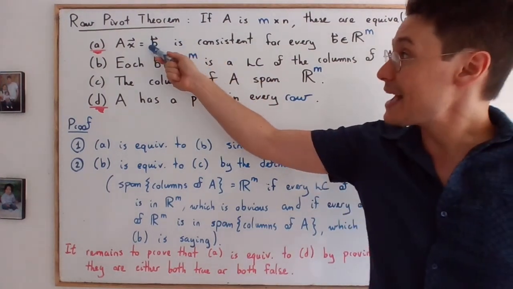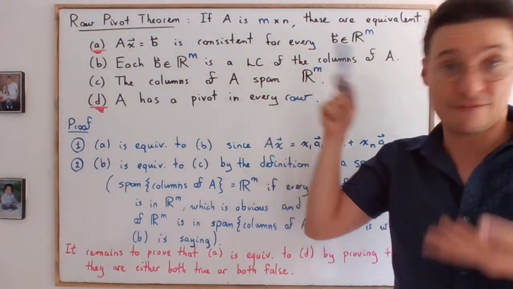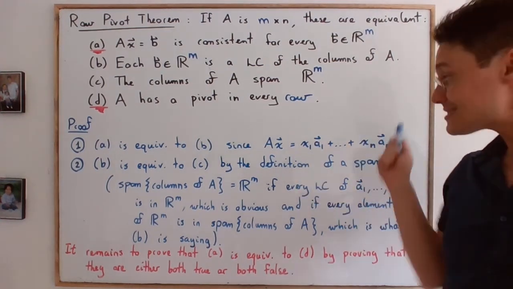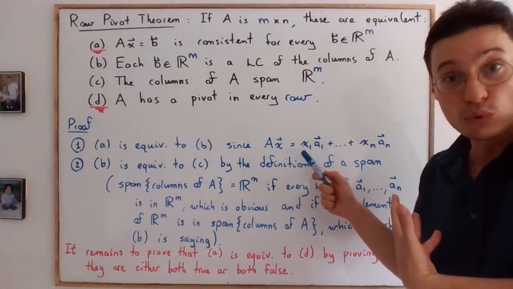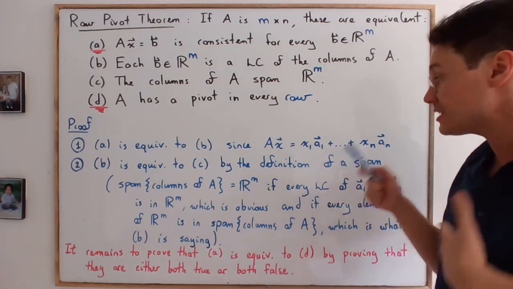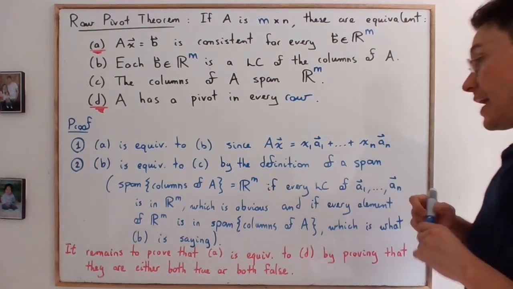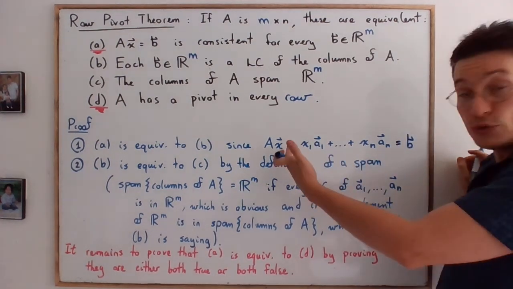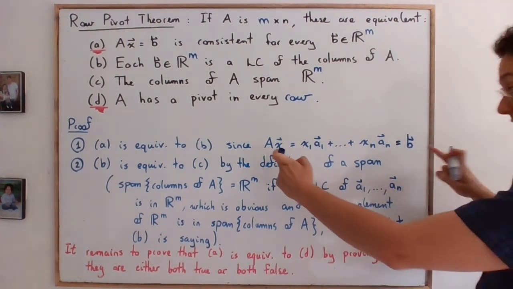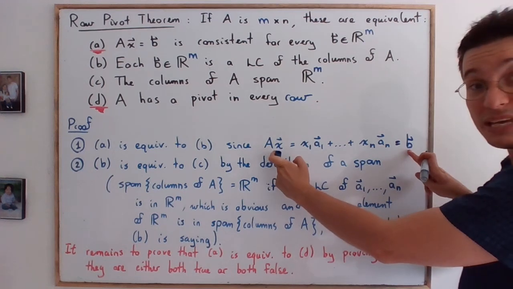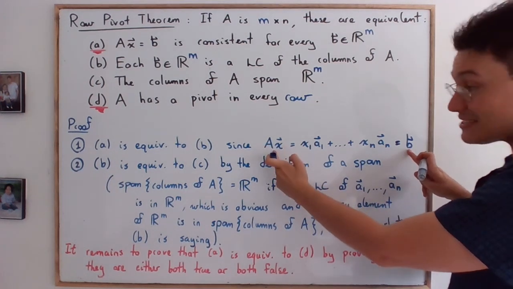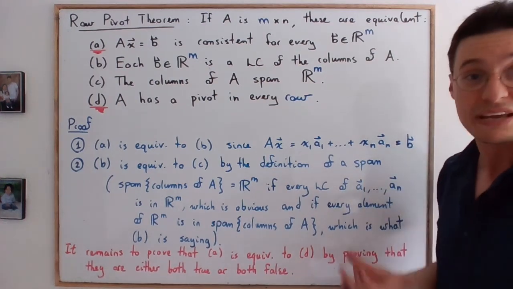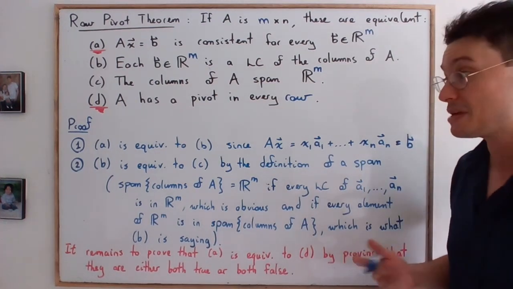So saying that Ax equals b is consistent for every b really means that every b is a linear combination. So there's a solution to this equation equals b. If I put the equals b here, you see the connection right away. If Ax is equal to b, if this is consistent, then automatically this is consistent. So there will be a linear combination producing b.